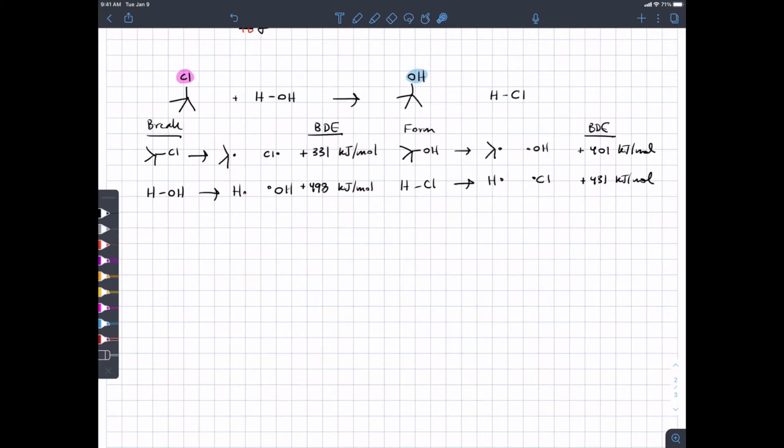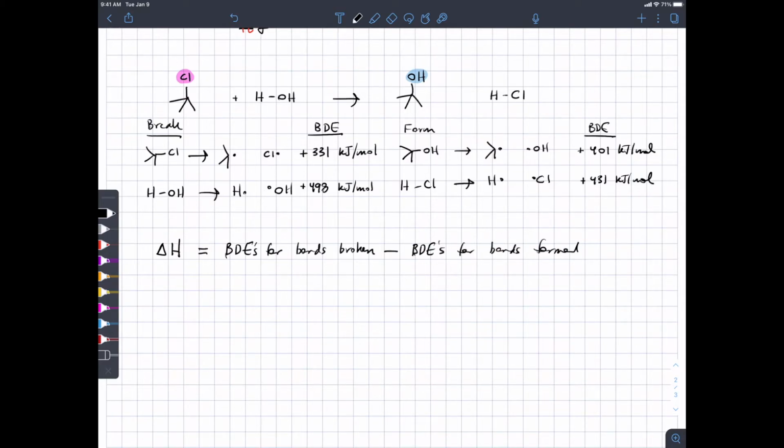So the overall enthalpy change for a reaction is going to be the bond dissociation enthalpies for bonds broken minus bond dissociation enthalpies for bonds formed.